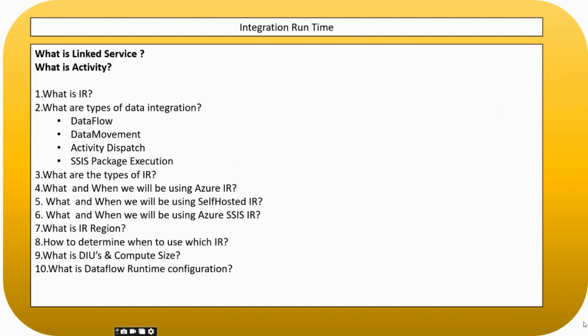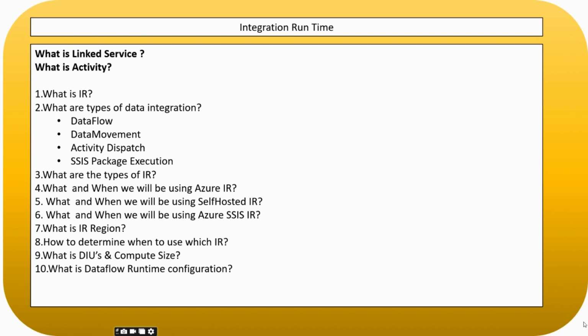Before getting into it, we should be aware of what a linked service is and what an activity is. If anyone isn't aware, please go and see my previous video, where I explained at a high level what a linked service and an activity are, and then come back here.